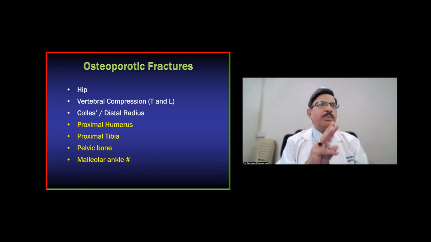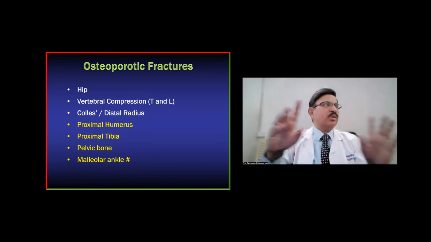This is called a triple DEXA scan. DEXA is dual energy X-ray absorptiometry. It is done for three sites: both hip joints, the thoracic and lumbar vertebrae, and the distal radii of both.